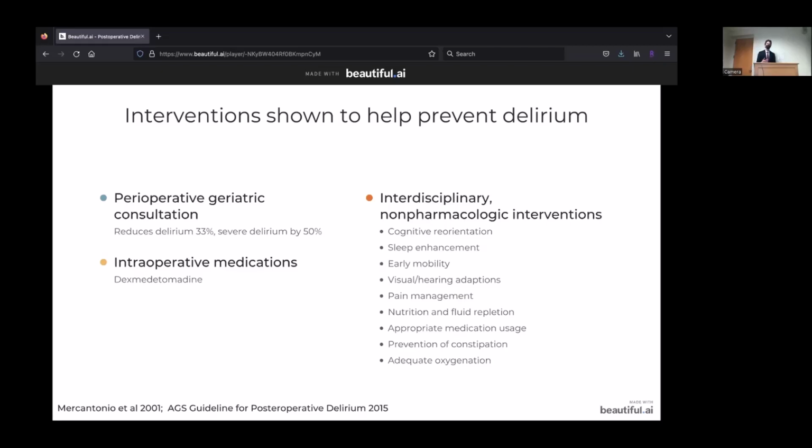And these are bundles of care that together have been shown to reduce the incidence of postoperative delirium by as much as 40%.